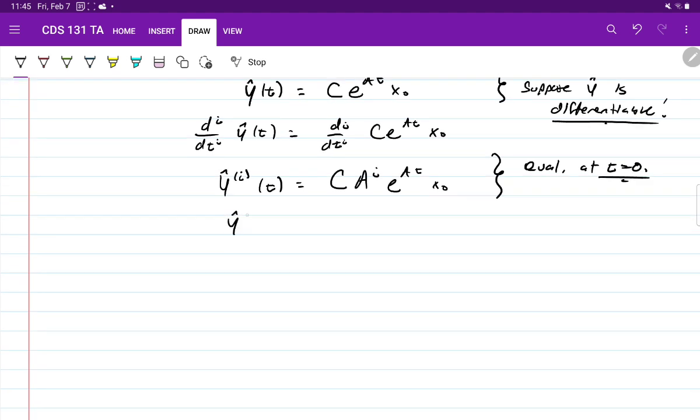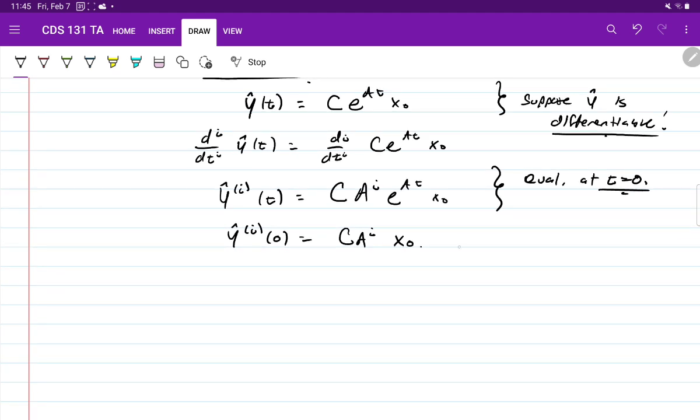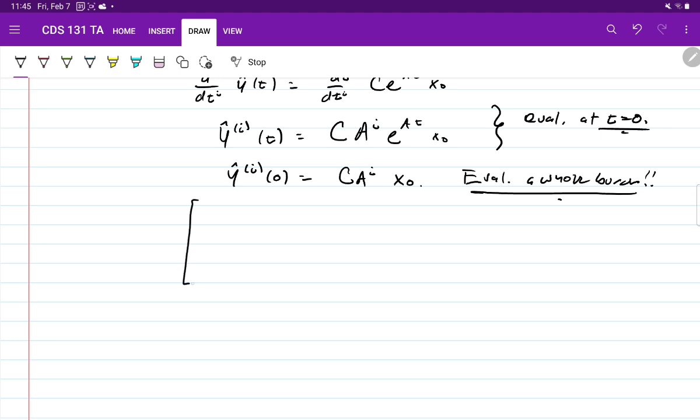What I find is that the ith derivative of y at 0 is equal to C A^i times x0. So if I evaluate a whole bunch of these, then I'll get a system which looks of the form: let's say my 0th derivative at 0.